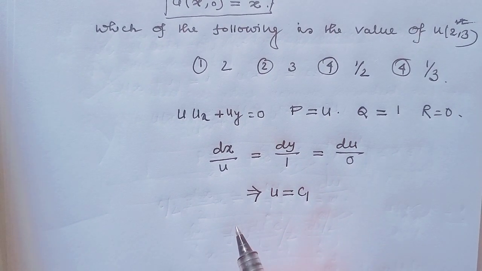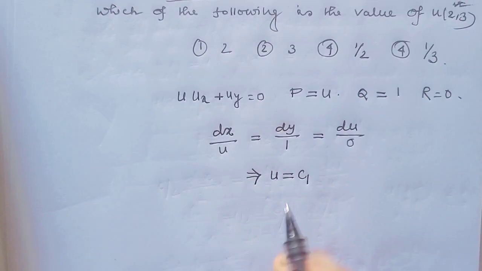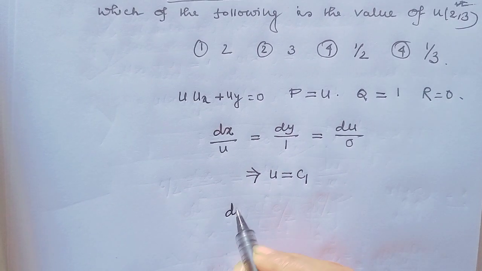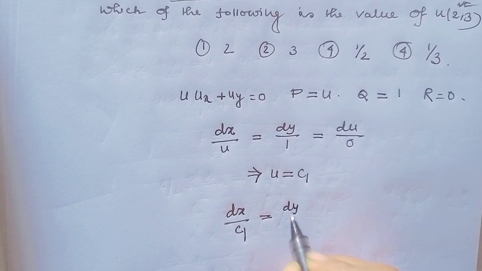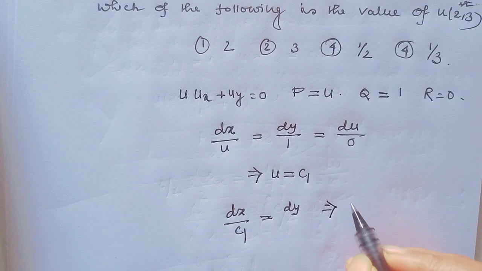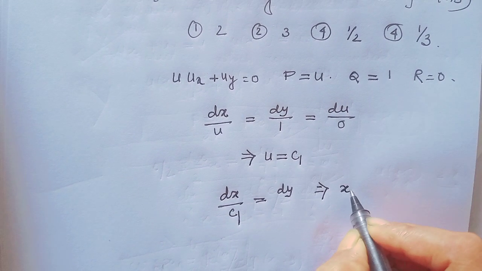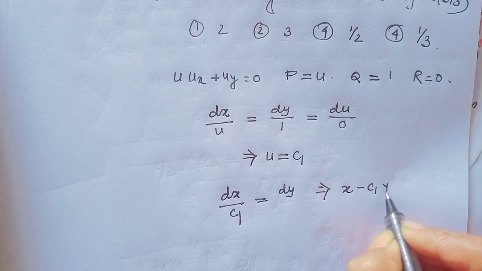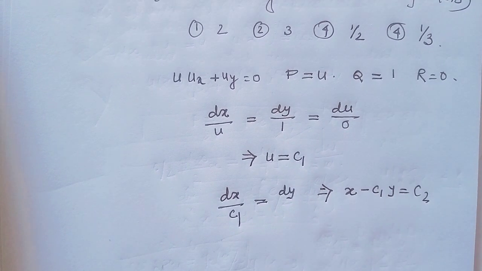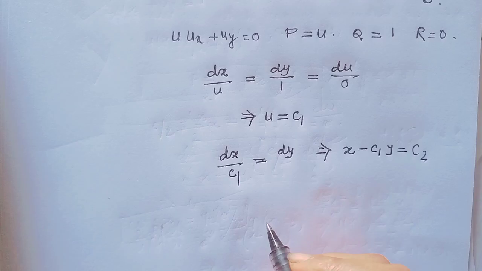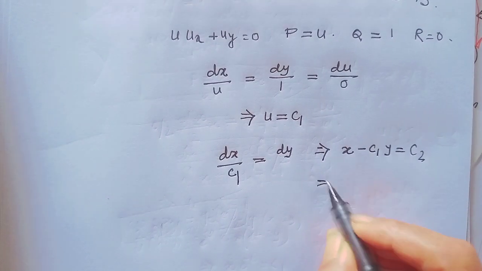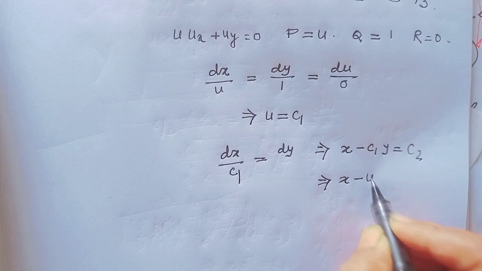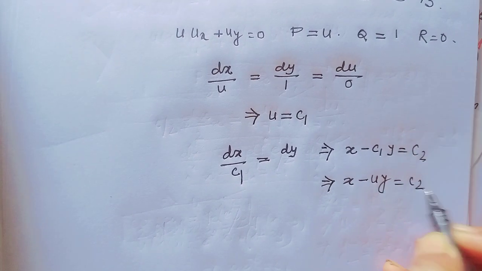Put the value of u here, that implies dx by c1 equal to dy, that implies x minus c1 y equal to c2. Since the value of c1 is u, this value is x minus u y equal to c2.